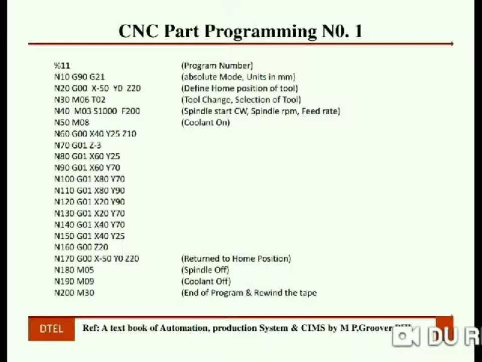And what should be the RPM of that spindle? We have to mention here 1000. So as per our program, we need 1000 RPM. S shows the spindle speed, 1000 RPM, and F shows the feed rate, 200 mm per minute.